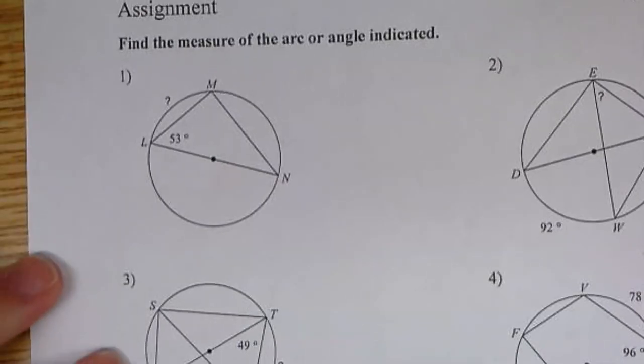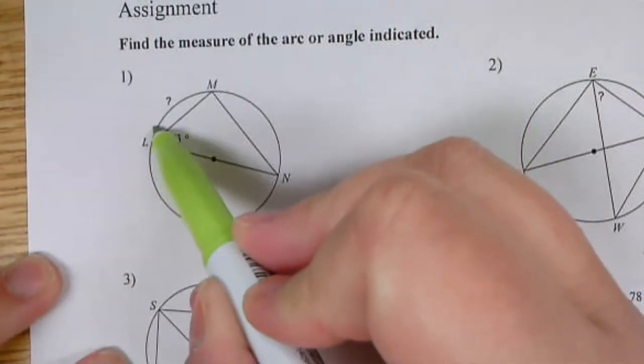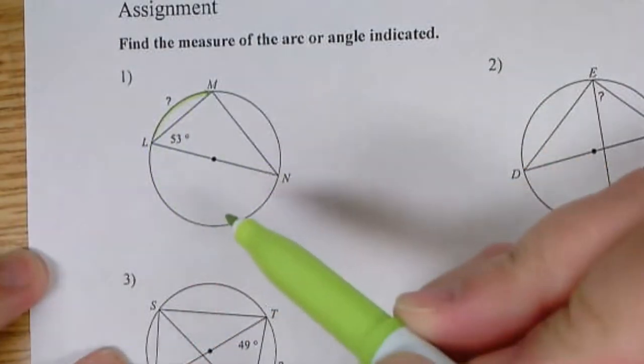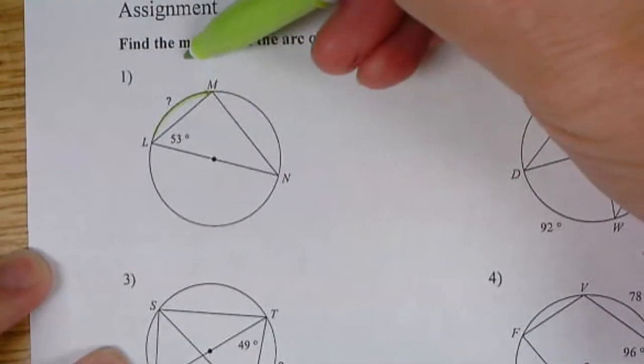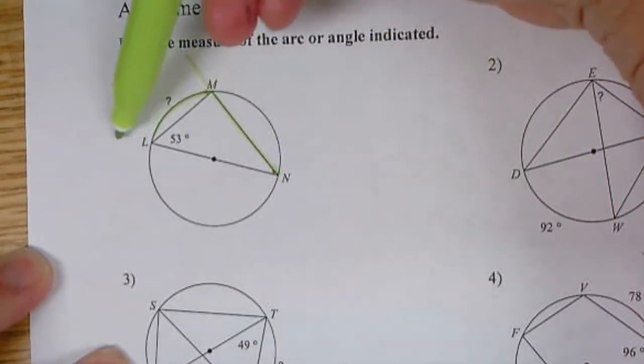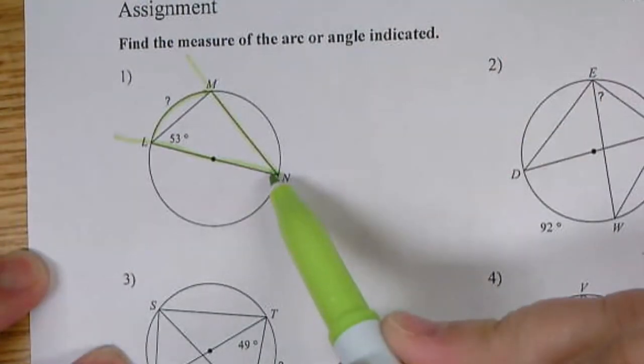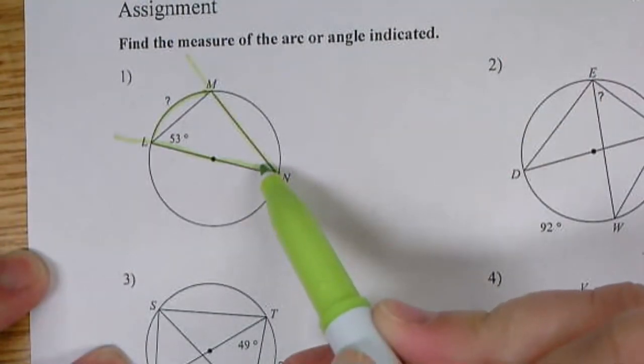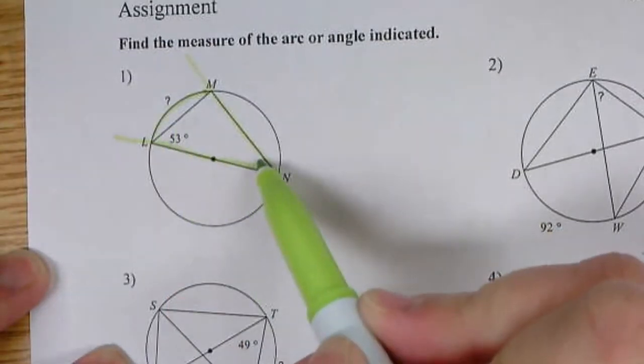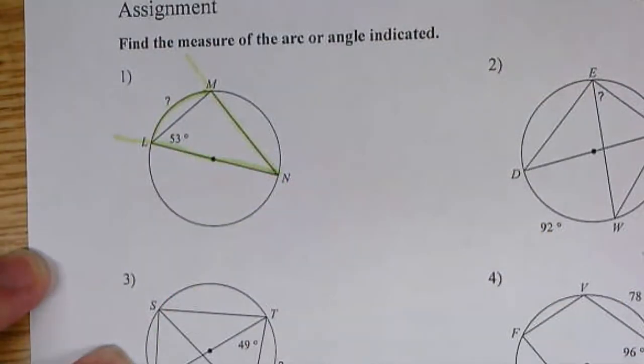The first thing I would notice here is that LM is the intercepted arc for this angle, whose two sides meet at N. So if I knew this angle, then I would know that arc because this angle is going to be half of that arc.